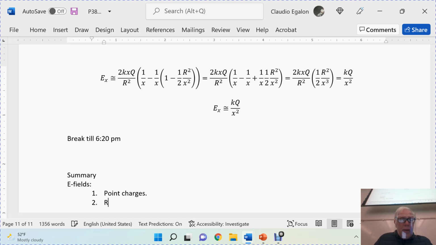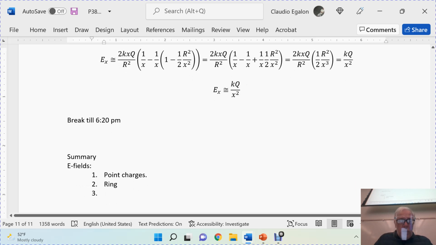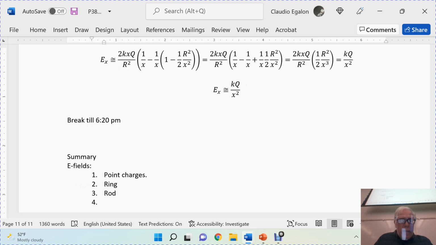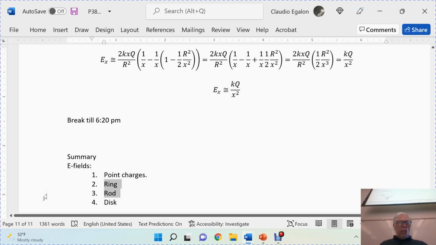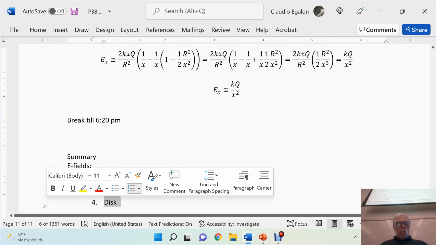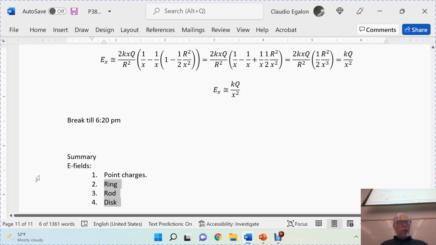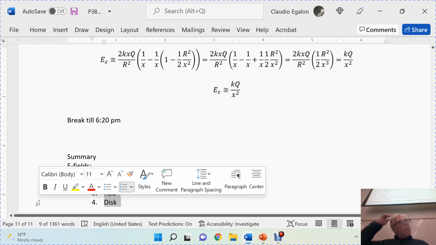A ring, a rod, and a disk that we did so far. We calculate the E fields of those three only for some points in space, not the whole space, right?